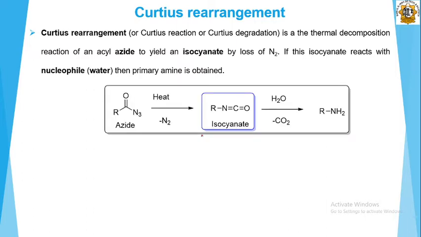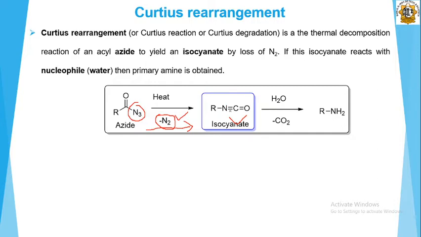So the azide gets converted to isocyanate with the loss of nitrogen gas, and this is a very favorable reaction because nitrogen is very stable. If one product is stable, then your reaction will move forward.